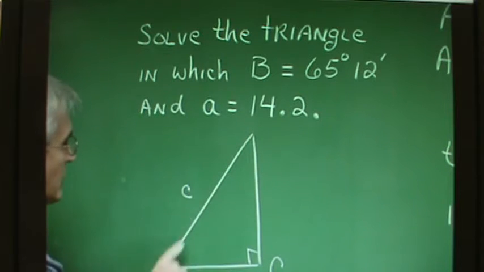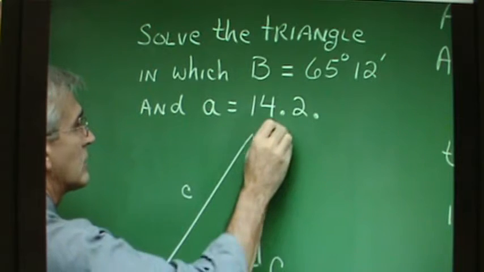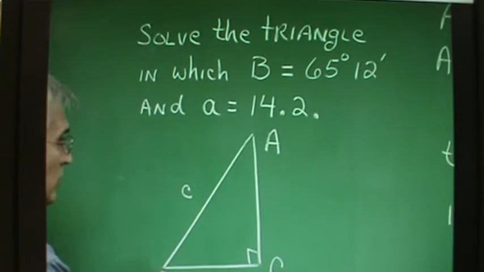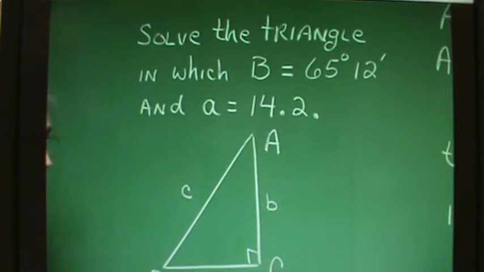Now either of these other two angles could be A and the other then would be B, but if this one is uppercase A, this one would be uppercase B. And the side opposite this angle B would be lowercase b, and the side opposite uppercase A would be lowercase a. So that's how we set up the notation.